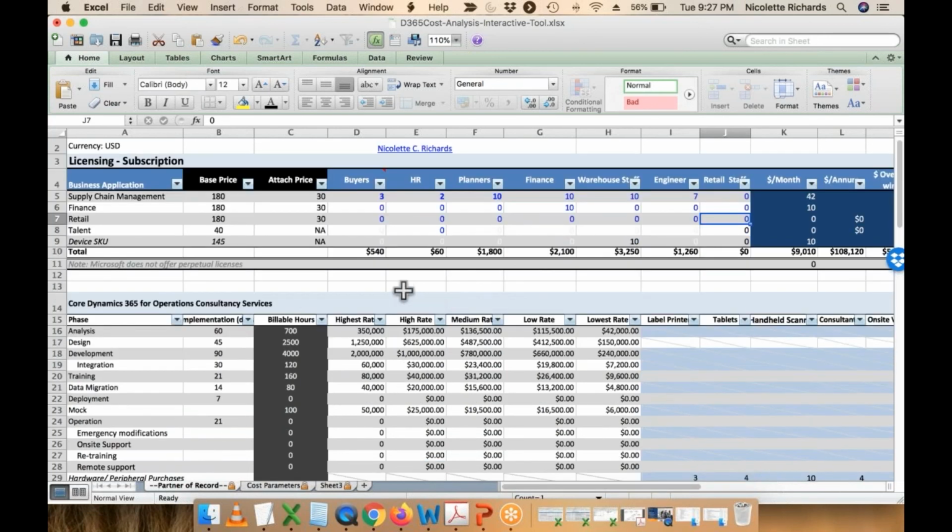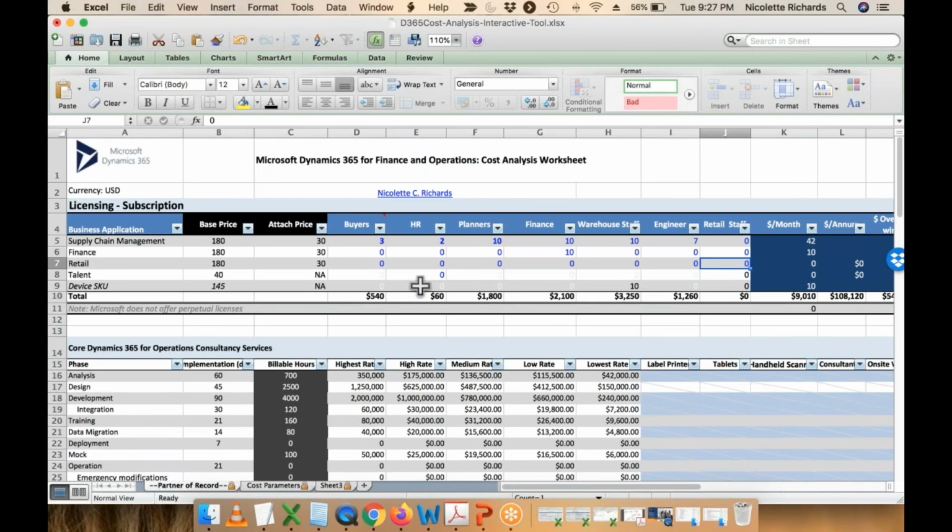Something important to know is that while we use the terminology on-premises, the hardware is not located physically in your buildings, in your data center, but the servers that support the service fabric must be on Microsoft Azure. So please keep that in mind.